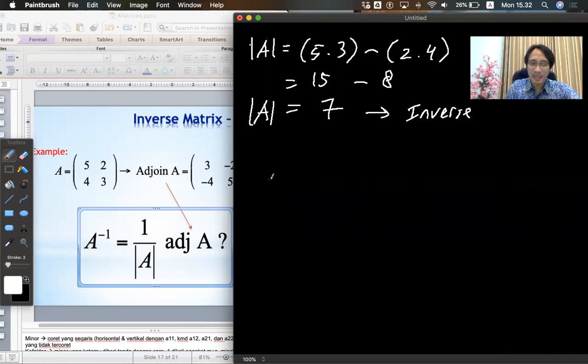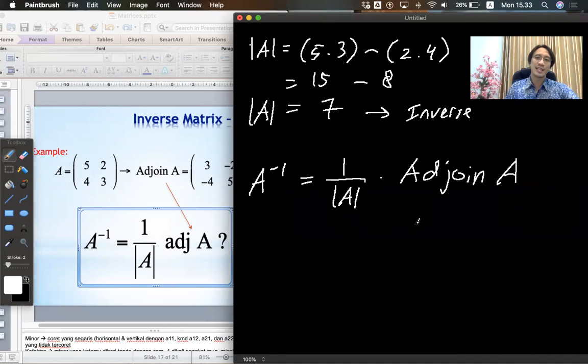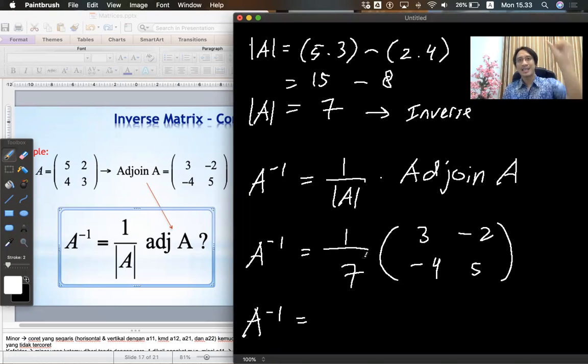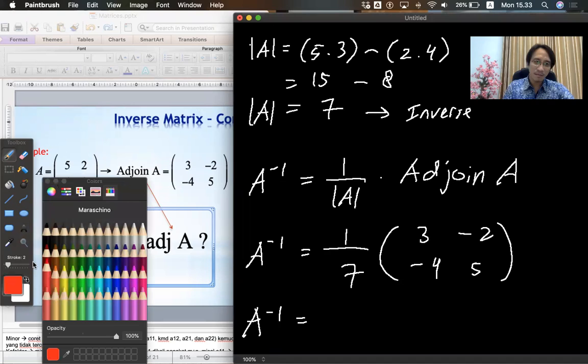And the inverse has a formula: A inverse equals 1 divided by the determinant times adjoint A. So it is simply 1 divided by 7 times adjoint A. The adjoint that we already found is 3, minus 2, minus 4, 5. Remember, scalar times matrix: we just multiply it one by one.